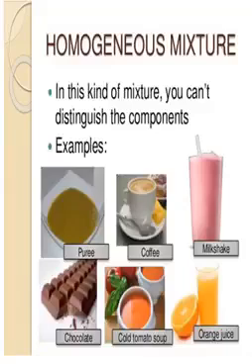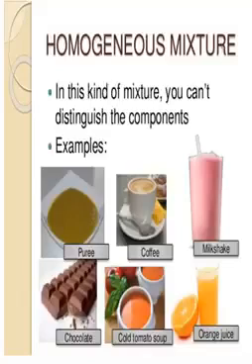Example of homogeneous mixture. In this kind of mixture, you cannot distinguish the components. For example, when you make coffee, kapag nagtimpla kayo ng kape, kapag uminom kayo, natunaw na yung mga solute na nilagay mo doon sa kape.